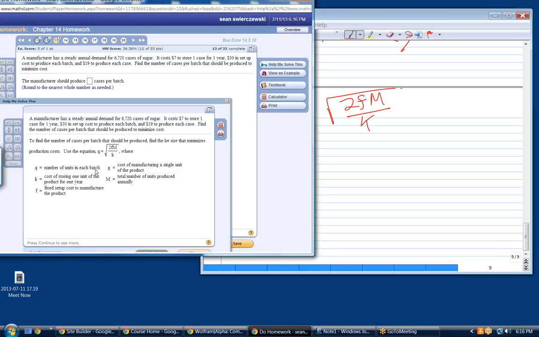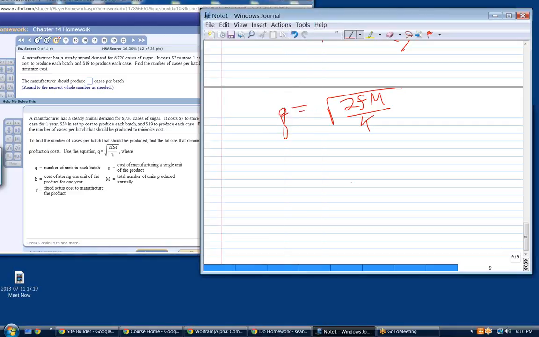So Q is the number of units in each batch. F is the fixed setup cost. K is the cost of storage, the cost of a single unit. So let's see if we can plug in some numbers here.